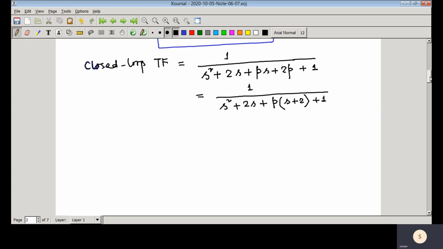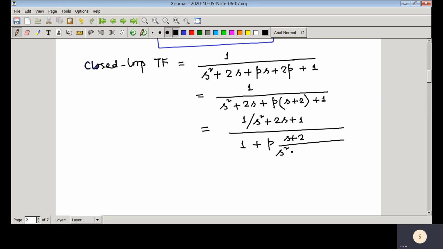Now we can divide numerator and denominator by s square plus 2s plus 1. If we divide it, then we have 1 plus p into s plus 2 divided by s square plus 2s plus 1.